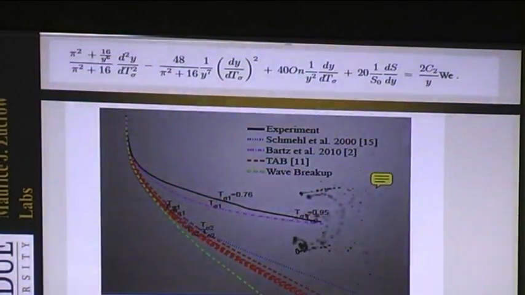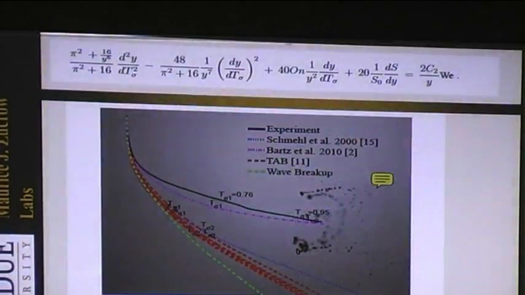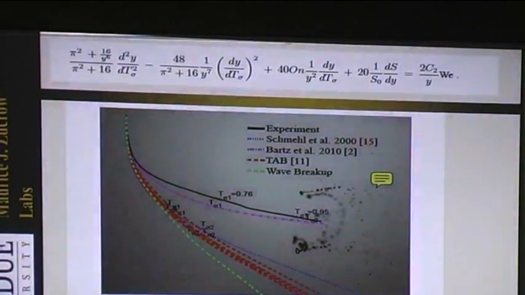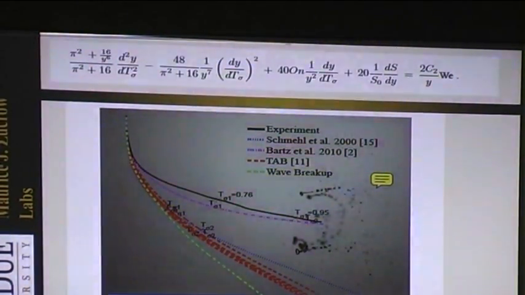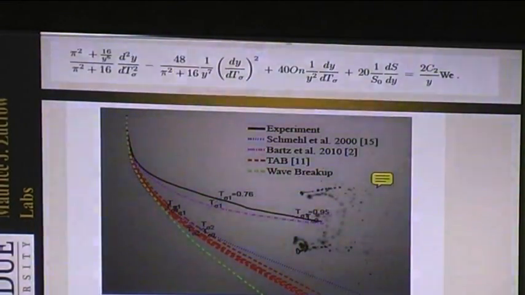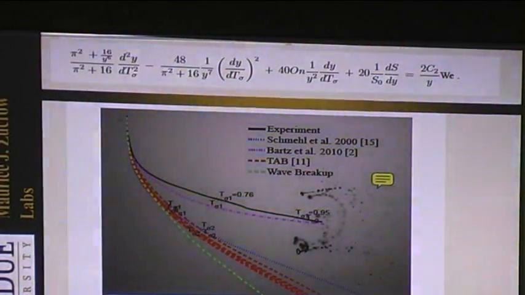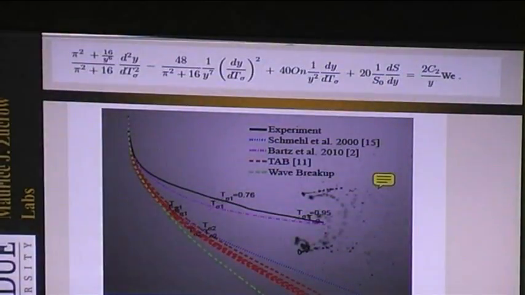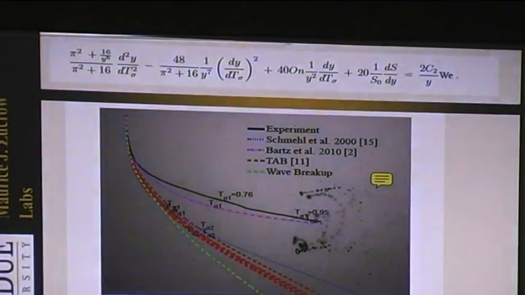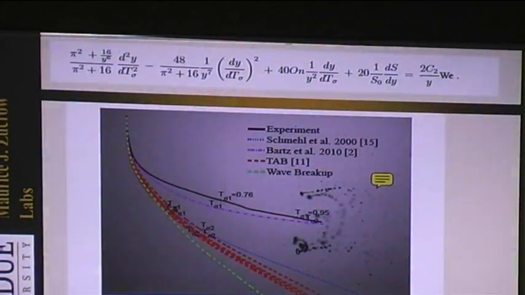a comparison of the computations between model predictions by, first of all, Schmehl, which are the blue lines, Frank Oliver Bartz, when he was here, which is the, let's call that violet line, the original Taylor analogy breakup model that Amsden and O'Rourke proposed, which is the red lines, and then a wave breakup model line.